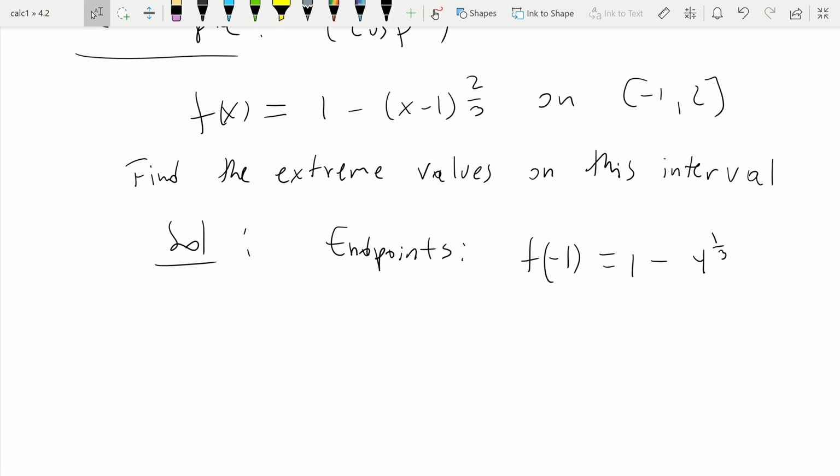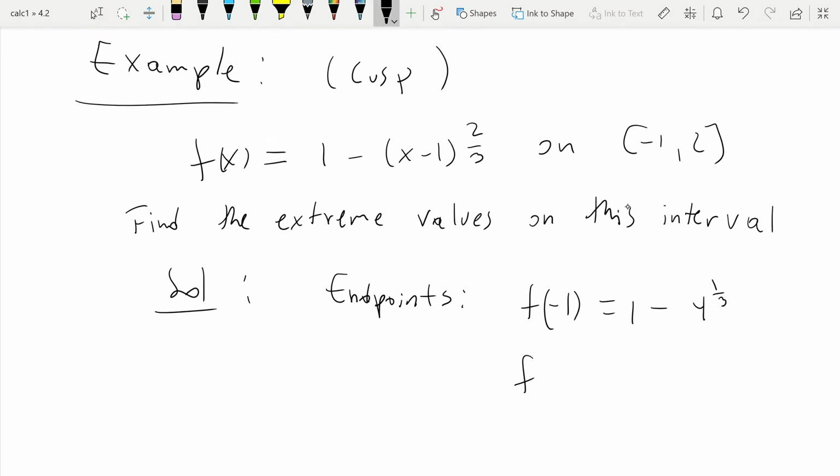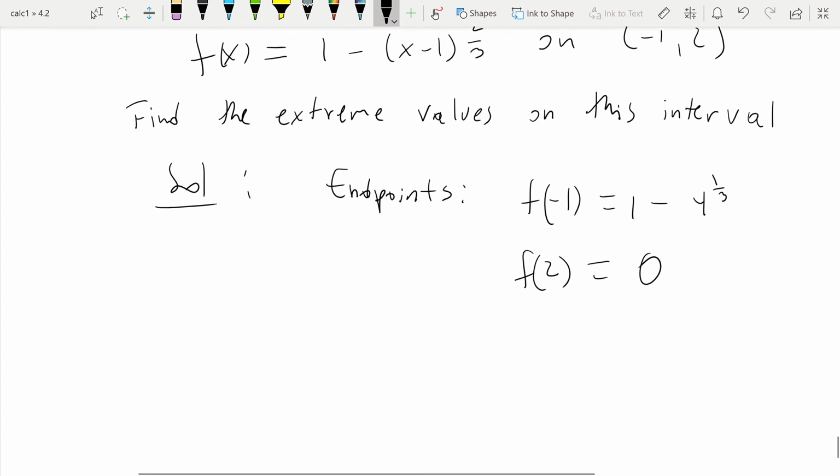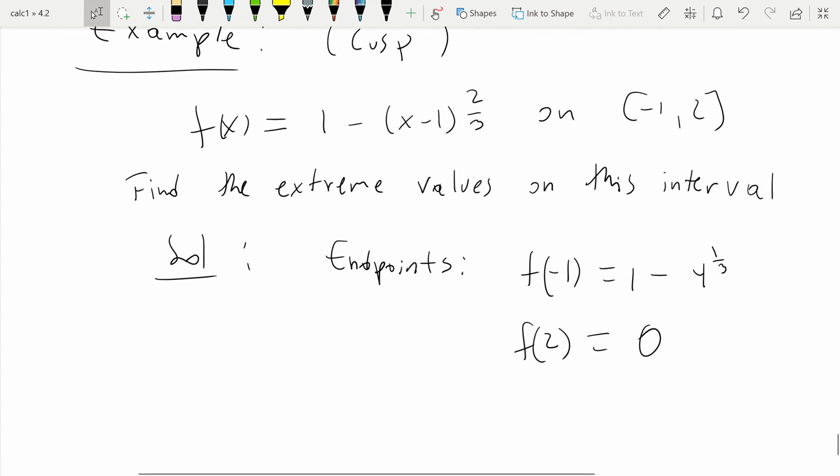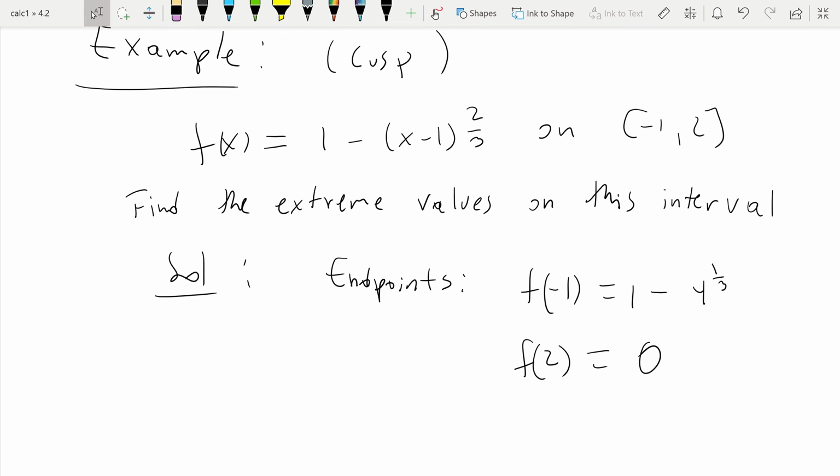And then f at 2, and here at 2 we just get 1 minus (2 minus 1) to the 2/3, which is 1 minus 1, so we get 0. Okay, so that's the situation at the endpoints.